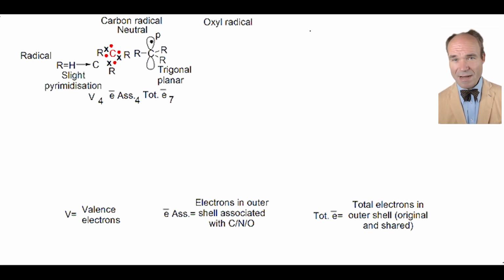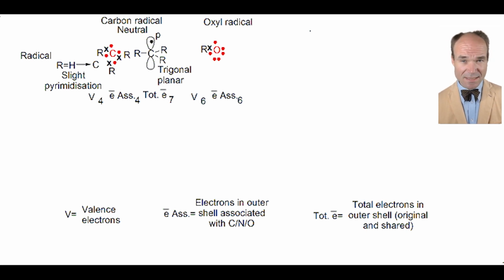The oxyl radical is generated from the common oxygen species with the loss of an electron associated with an R group. There are 6 valence electrons, and in this case, 6 electrons associated with the oxygen: from 2 divided by 2 equals 1 electron from covalent bonds and 4 electrons from lone pairs, as well as 1 electron radical.